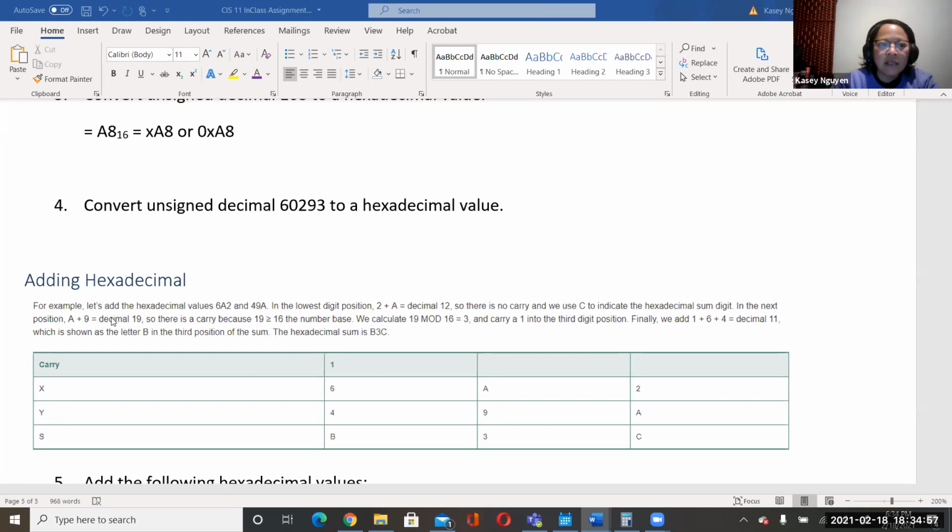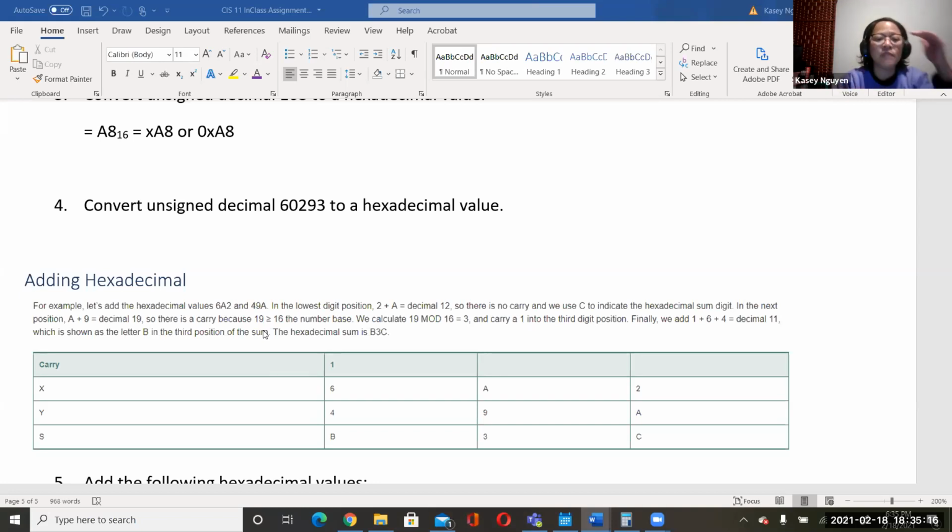Now, in the next position, that's going to be the A and the 9. So A plus 9, we have 10 plus 9 is 19, right? And remember, 19 is greater than 16, so we do have a carryover.